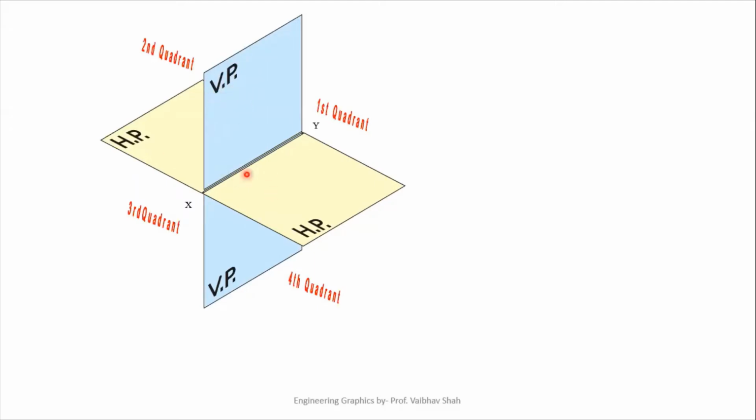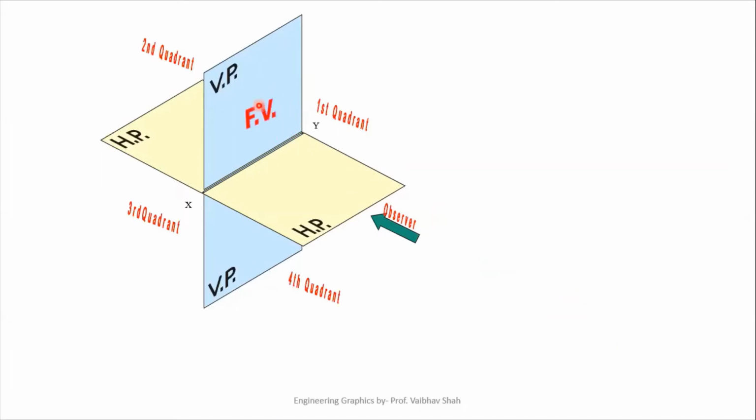By intersection of these 2 planes, we are having 4 quadrants, namely first quadrant, second quadrant, third quadrant and fourth quadrant. Now if we put the object in this first quadrant and observe it from this direction, we can have the object's front view on the vertical plane here.